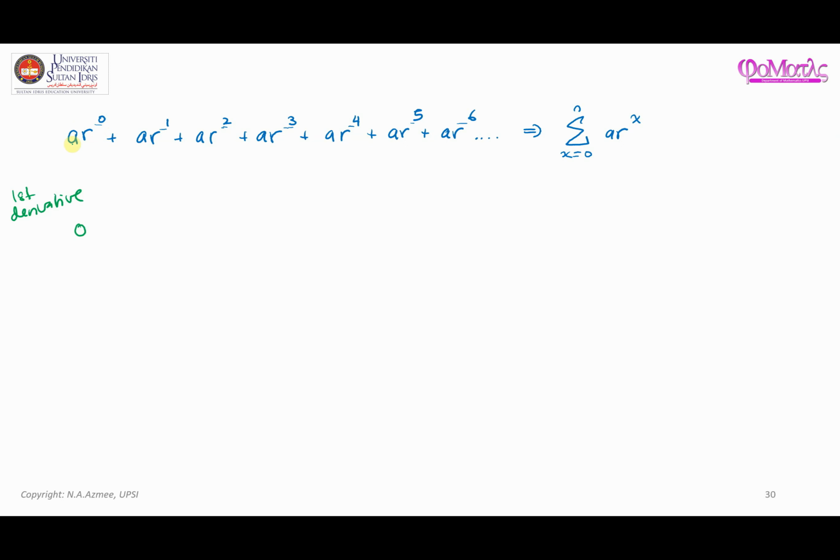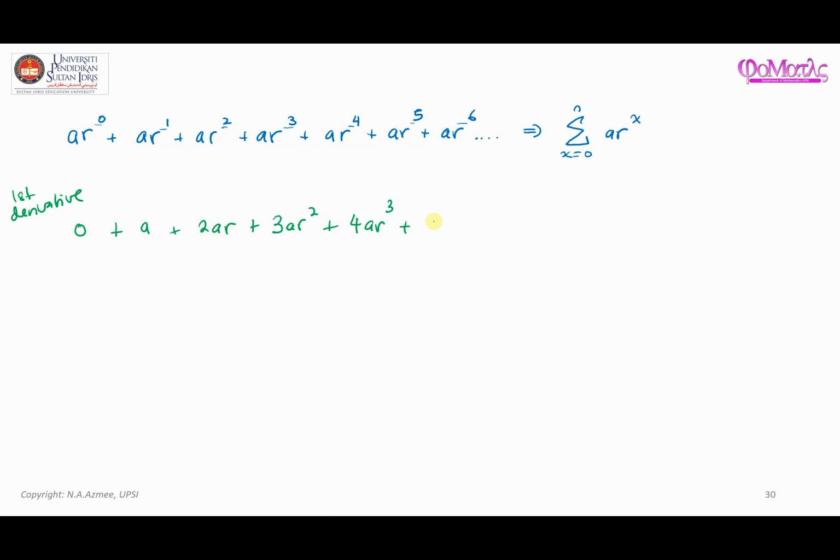Differentiating this one with respect to r, the result is going to be a. This one is going to be 2ar. This one is going to be 3ar squared. This one is going to be 4ar cubed, and so on.